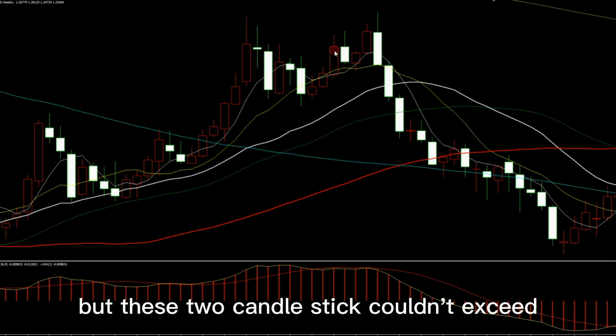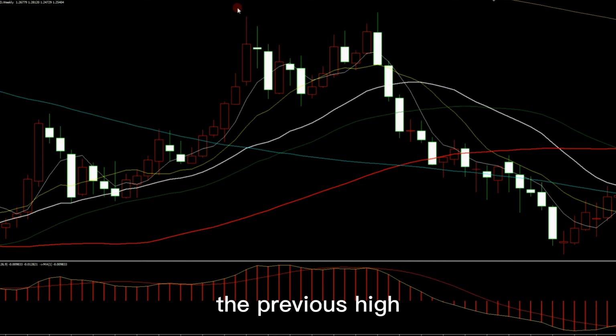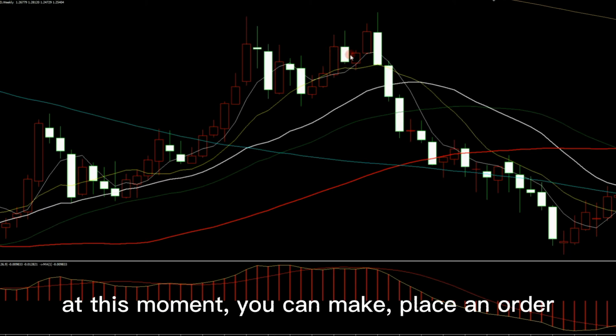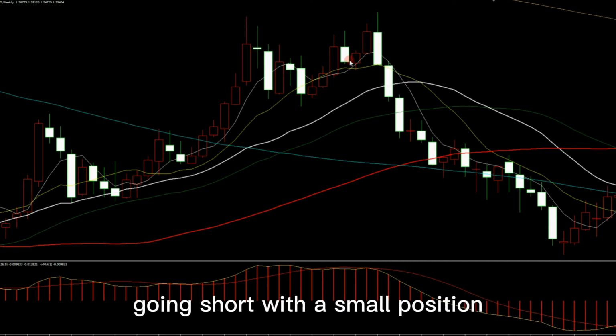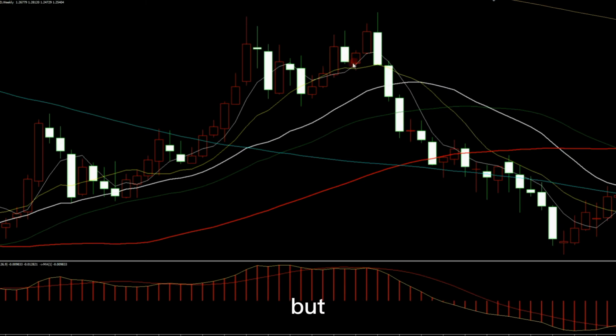But these two candlesticks couldn't exceed the previous high. At this moment, you can place an order going short with a small position. Have a try.